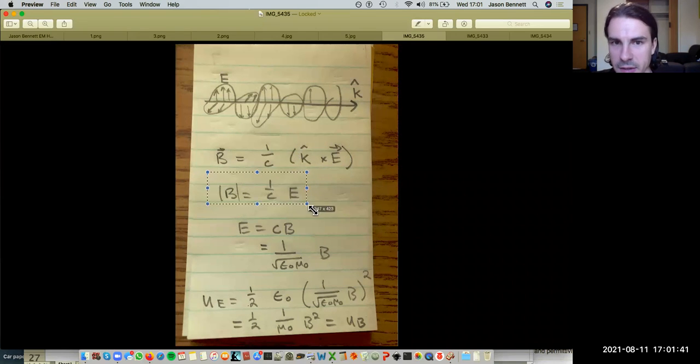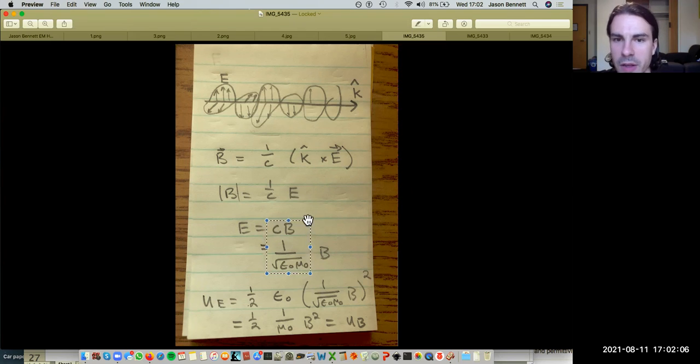And then I have this neat formula relating the magnitude of E and the magnitude of B: E is C times B. And this was that one thing we saw earlier, the relationship between C and all these constants we've been using for years and didn't know what they were about.